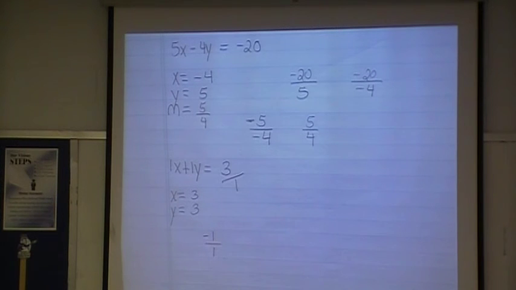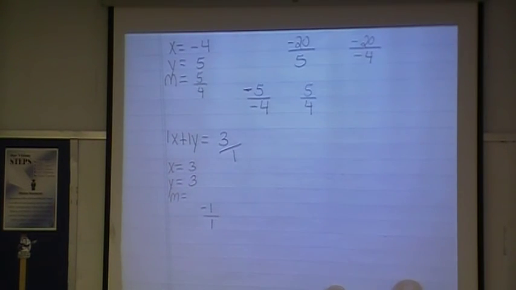You need to check this, because if you write this as a final answer, that's wrong. That's not the way it should look. A negative 1 over a 1, when you reduce that, is simply negative 1. Okay? These are not complicated. Now, there are places where you can make a mistake. You just have to pay attention to what you're doing, take your time, and go slow. Let's do one more.